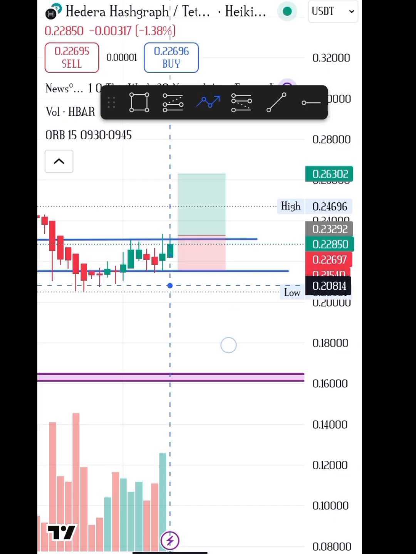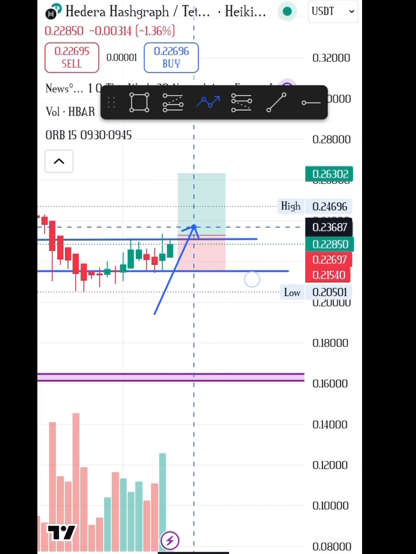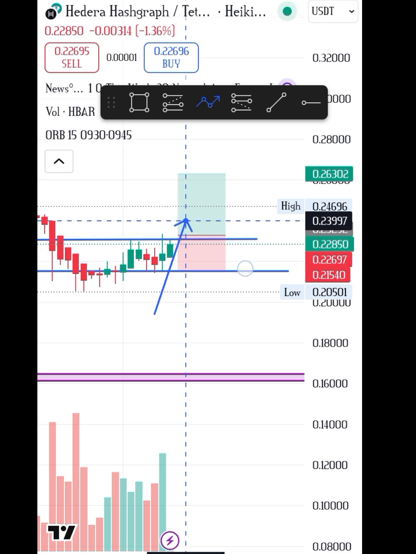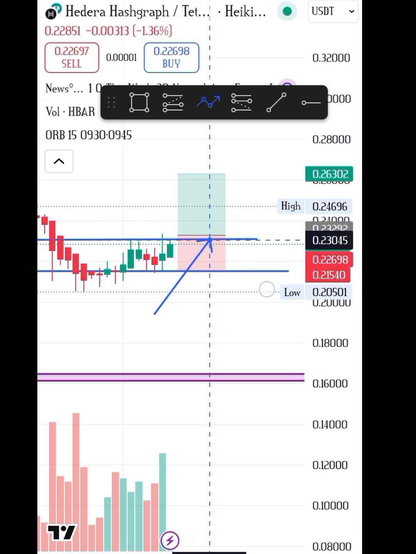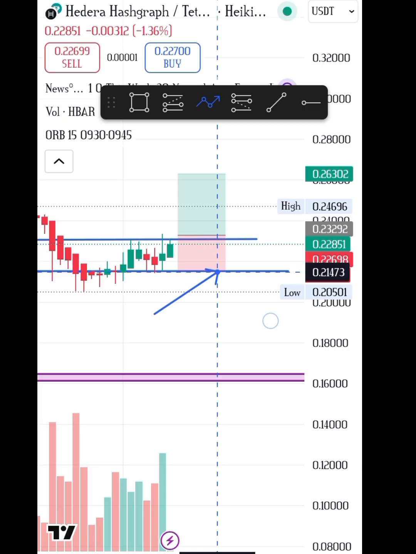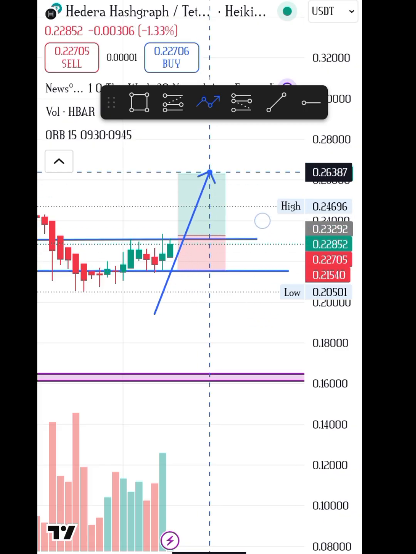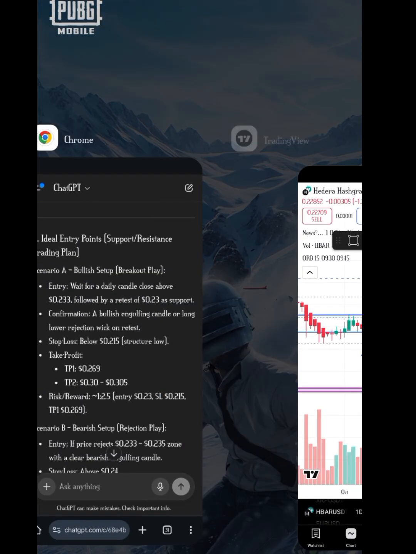You have to wait for this trade to pass here, then it triggers. Remember, we won't enter it if it passes here. We enter it once it retraces here. Then we'll put our stop loss 0.15, just slightly on this line. Then our take profit will be here. That's what ChatGPT is basically saying. So this is how you analyze the chart with ChatGPT.